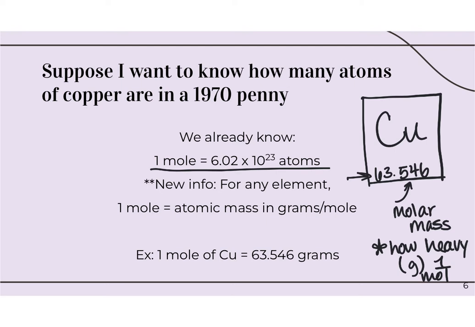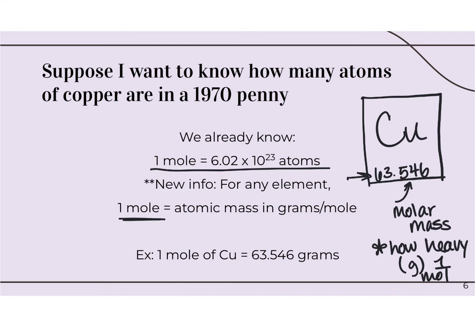That's how heavy 1 mole is of copper. And if you notice on the periodic table, no 2 elements, as far as I know, have the same molar mass. Okay, they might be similar to one another, but 1 mole, or 6.02 times 10 to the 23rd atoms, is going to weigh slightly different for each of the elements. And that's because each of the elements have different sized atoms. Some have more protons than others, which is going to make them heavier.